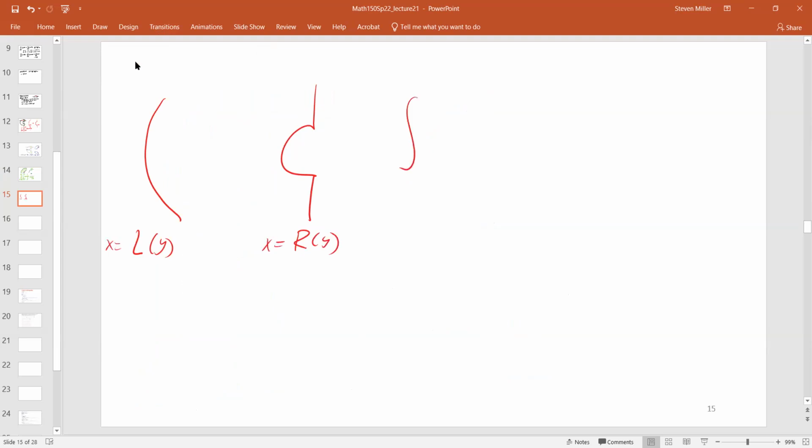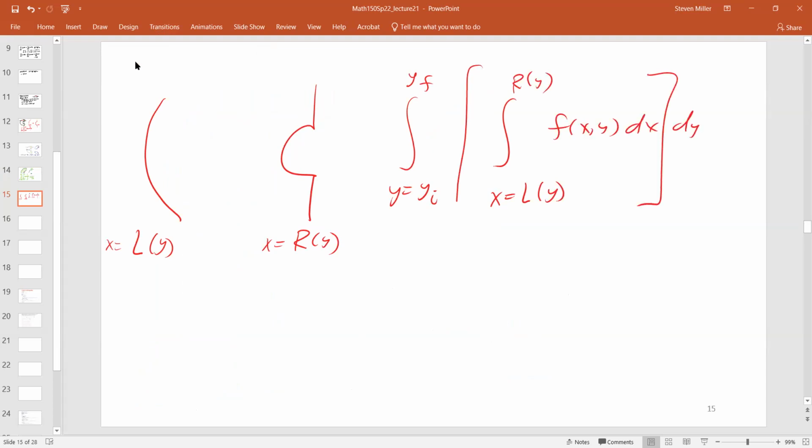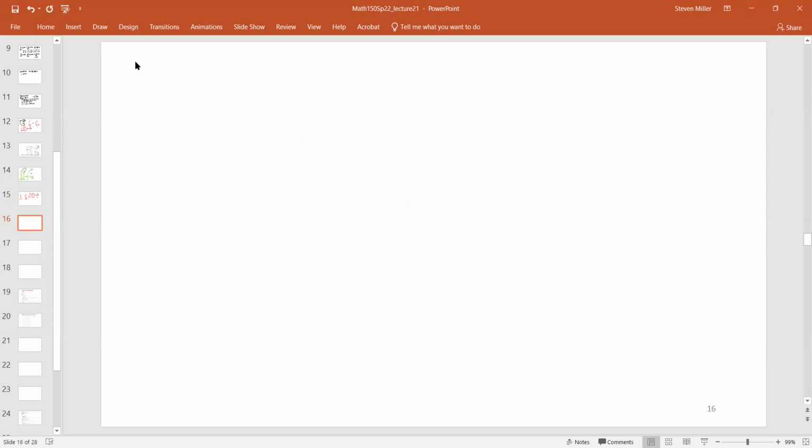So now we would have integral y goes from the initial value of y to the final value of y. X goes from the left value of y to the right value of y, f of x, y, dx, dy. So probably using left and right, and then top and bottom is a good way to just really highlight where everything is.